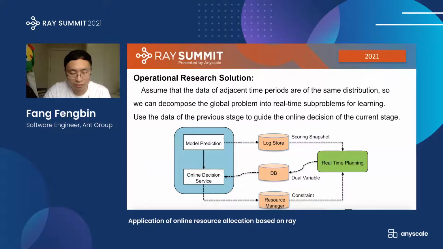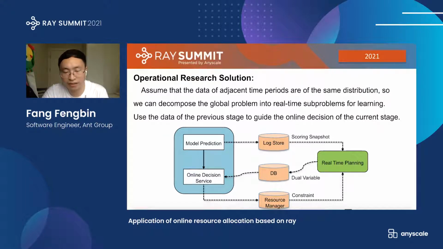From the perspective of real-time decision-making, future information is unpredictable and the global optimal solution cannot be determined in advance. In order to solve this problem, we need to consider the estimation and the uncertainty of future information. On one hand, we can decompose the global problem into real-time sub-problems for learning.